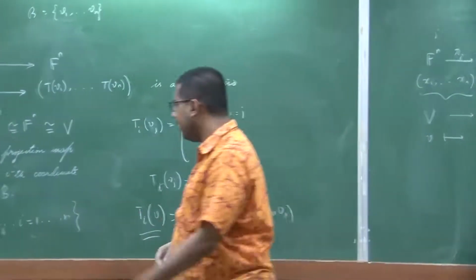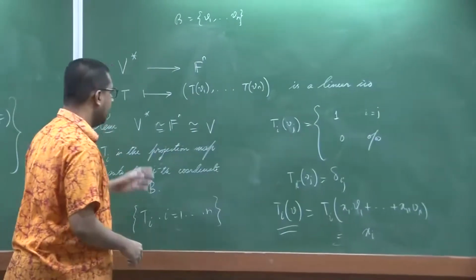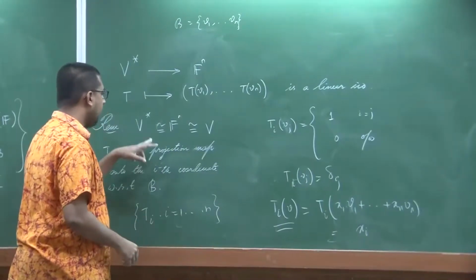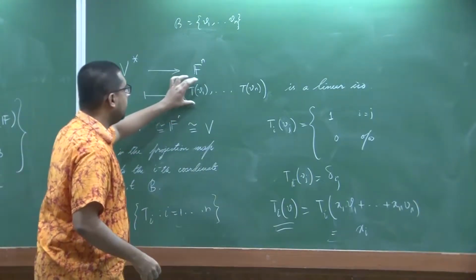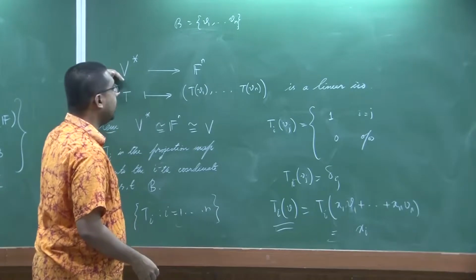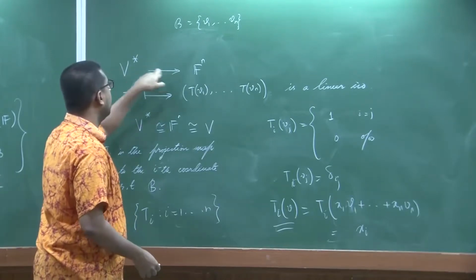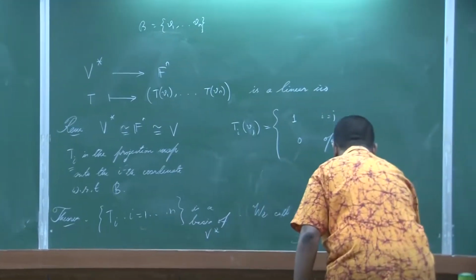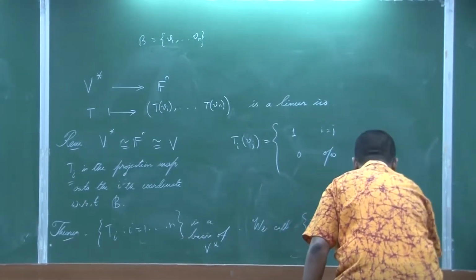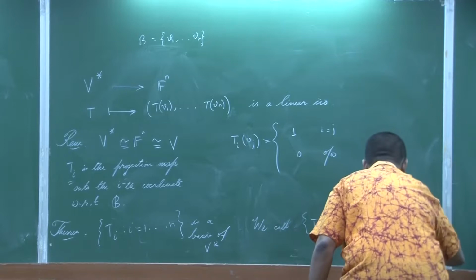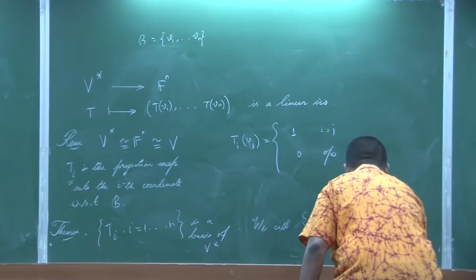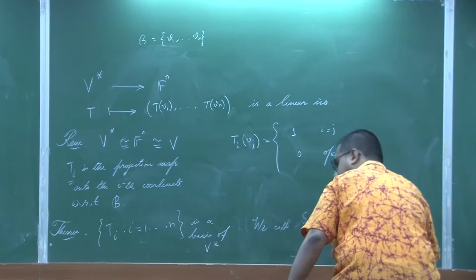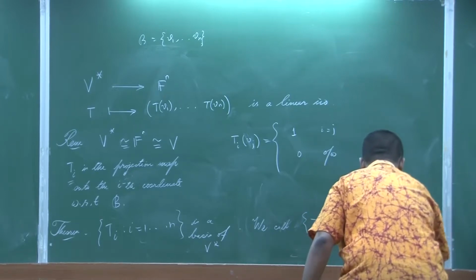Now, the main point is, we have seen that these Tis are the pullbacks of the Eis, with the dual basis of V. Okay.